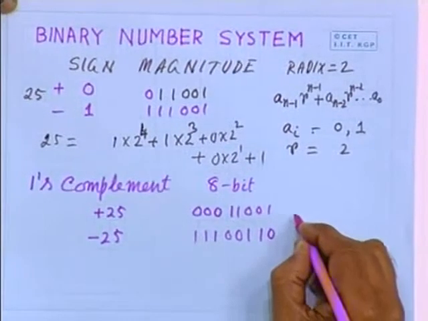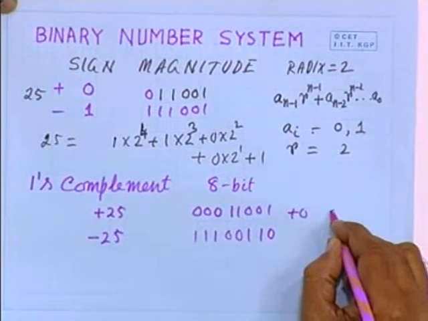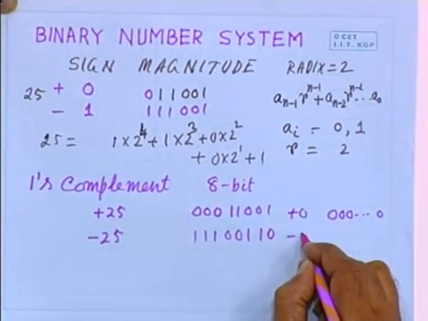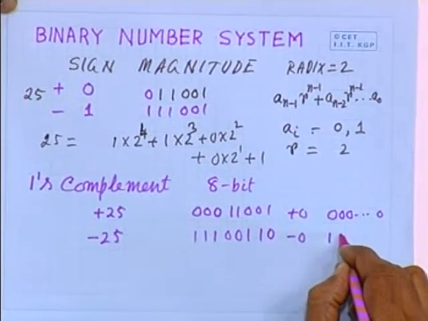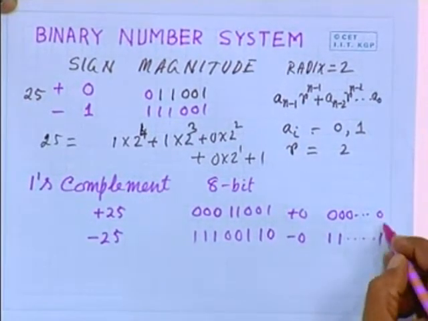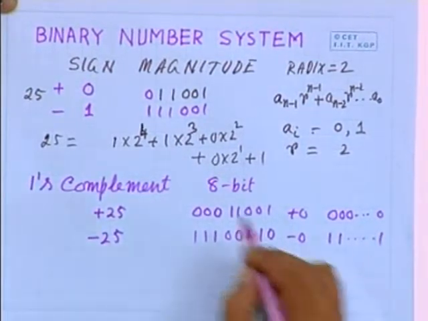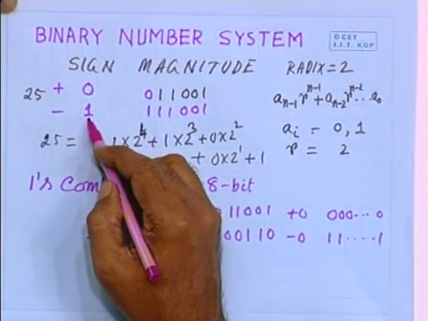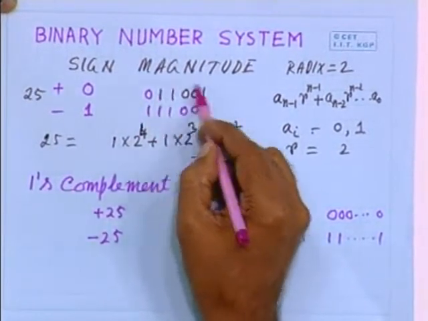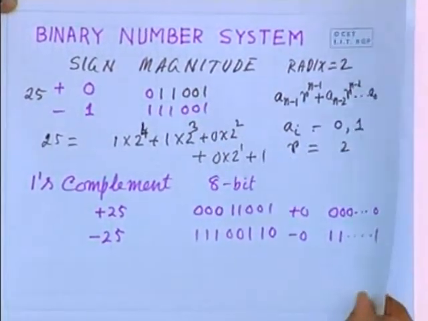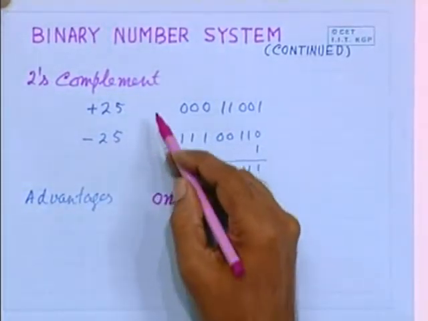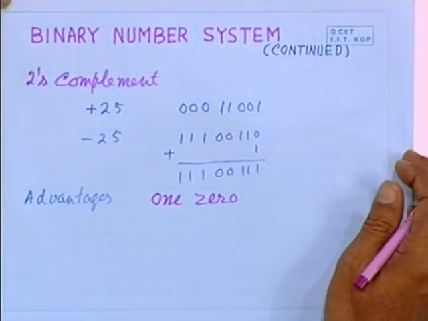For example, positive 0 is all 0 and negative 0 is all 1. So it has got two zeros, and sign magnitude form also has got two zeros. This part will be 0 and 1, and this part will be 0. So you get one less number. On the other hand, in case of 2's complement number system, it has got one unique 0.